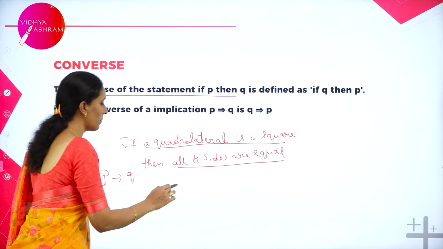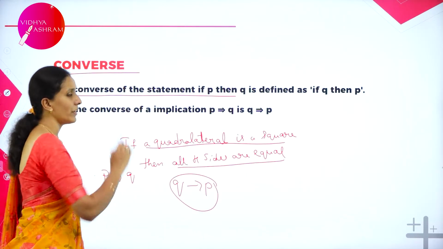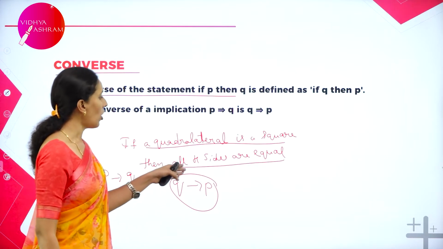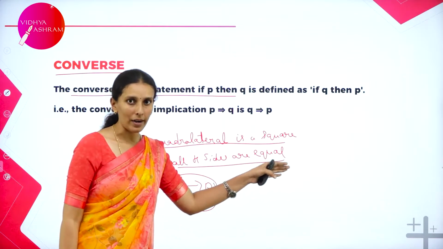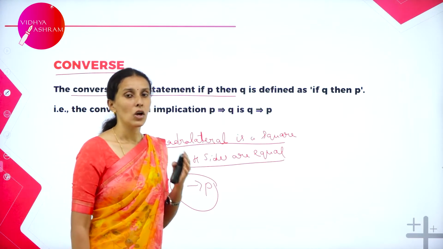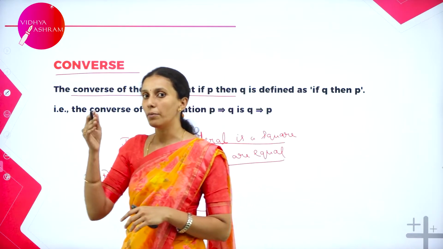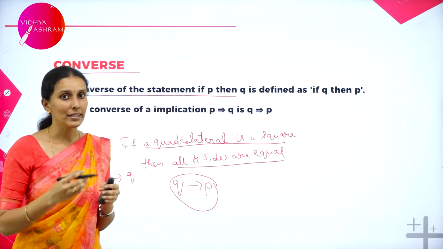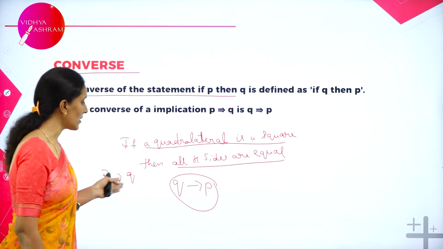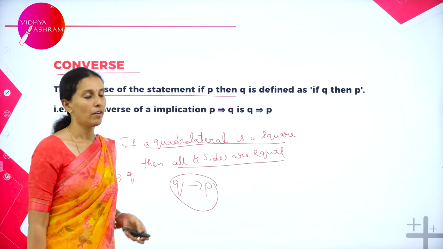Suppose you write the statement as Q implies P. That is the converse of a statement: if all four sides are equal in a quadrilateral, then it is a square. So whenever the implication is given from P to Q, you have to write the statement vice versa, that is, in the form Q implies P.